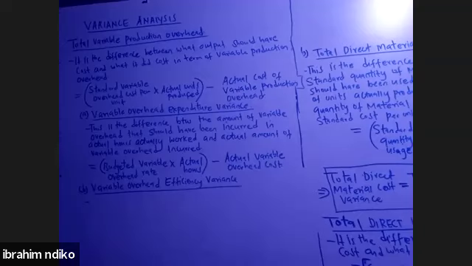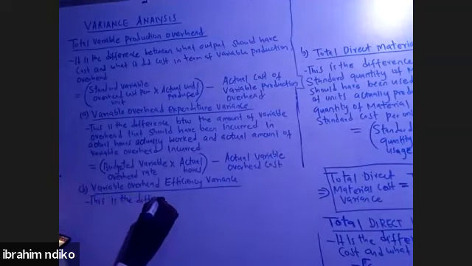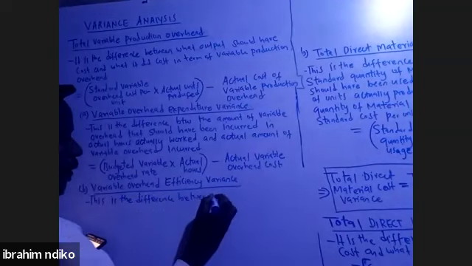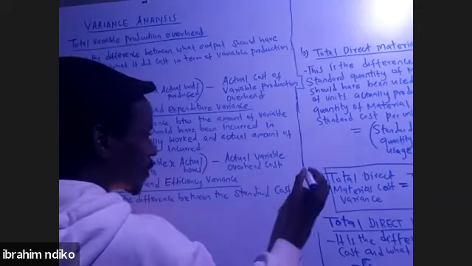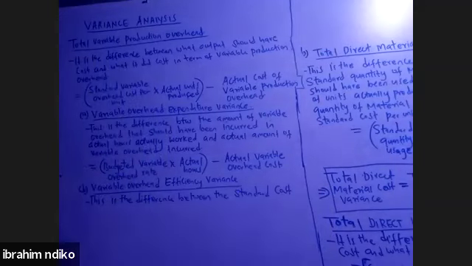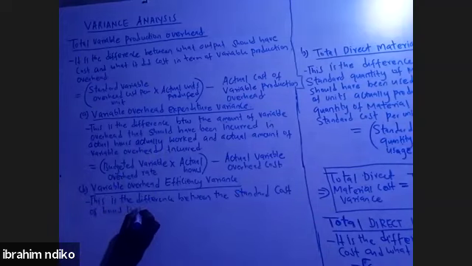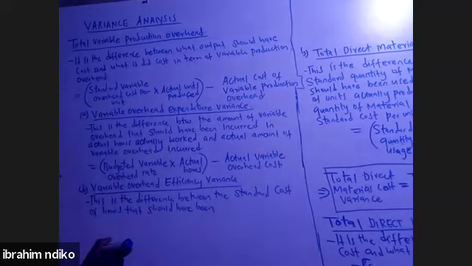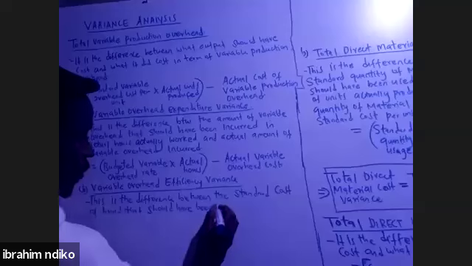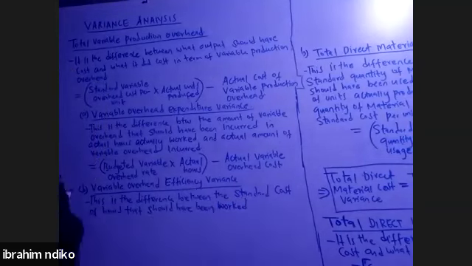We are saying variable overhead efficiency variance, and you can say this is the difference between the standard cost of hours that should have been worked.